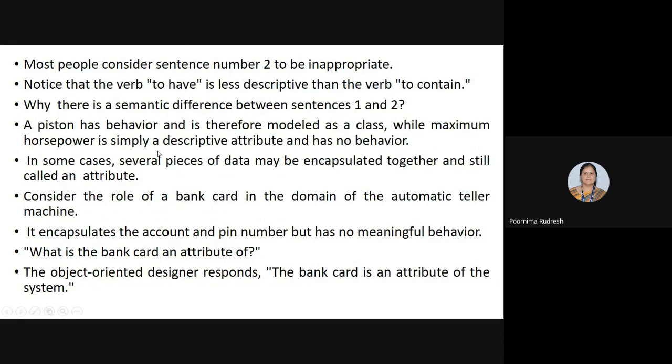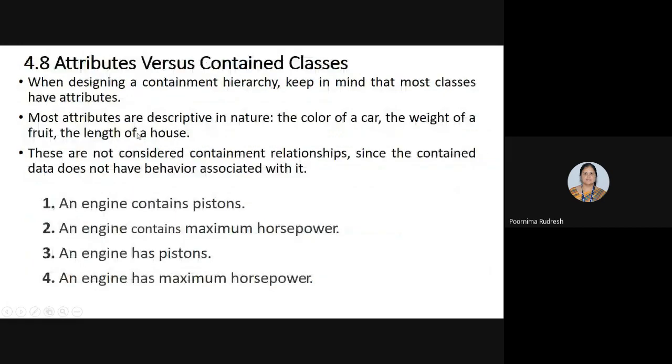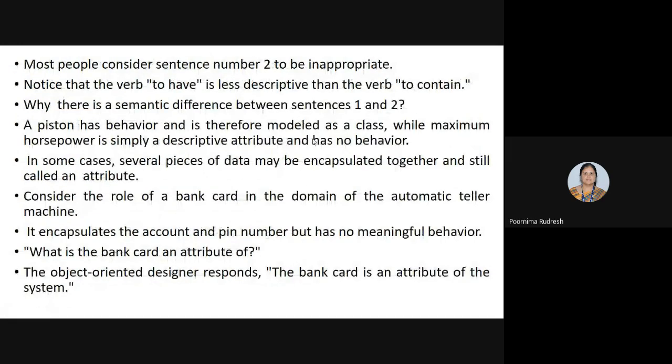And here, when we compare the verb contain and the verb to have, the verb to have is less descriptive than the verb to contain. Then why is there a semantic difference between sentences one and two? Because the piston has behavior, whereas the maximum horsepower is simply a descriptive attribute.